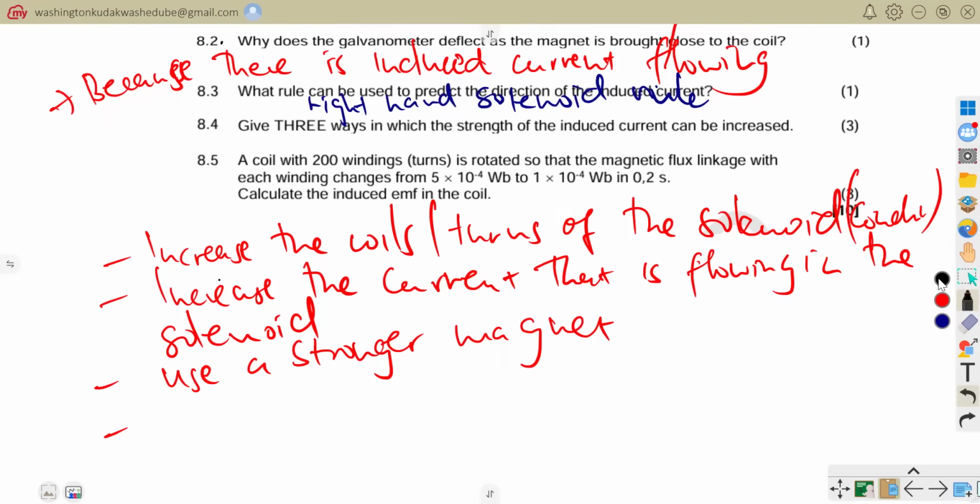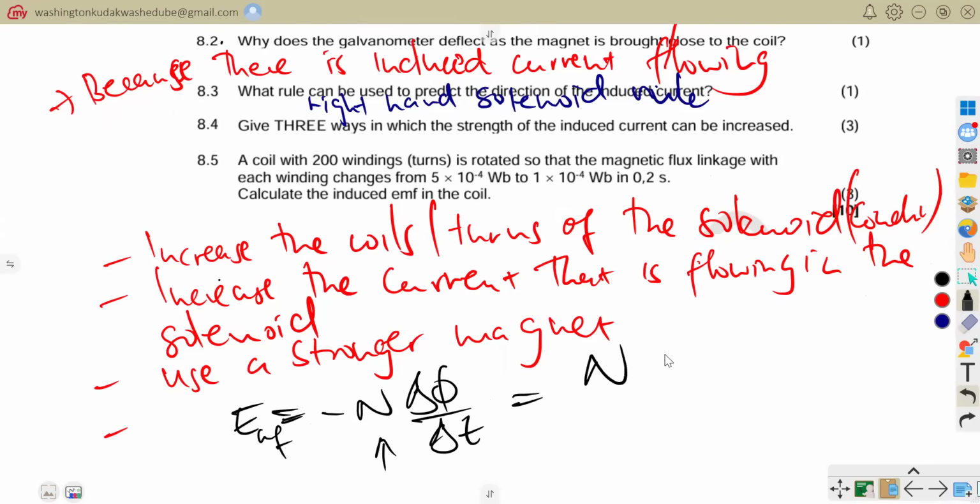The induced EMF is given by EMF equals negative N change in phi over change in t. Since we are looking for the magnitude, we drop the negative, and the change in phi is phi final minus phi initial.